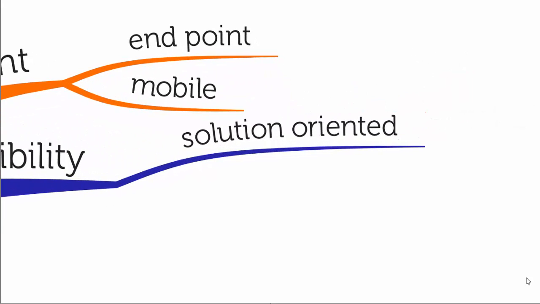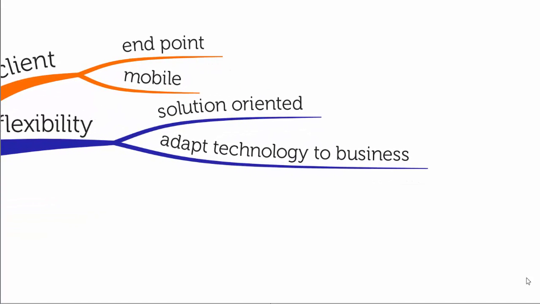Second point here is make sure that your OEM is flexible, that they have the ability to be flexible, and that they are solution oriented. And what I mean by solution oriented is that they have their technology that is adapting to the business need of you, right? Whether you're an agency or an organization looking at technology, you want to make sure that that technology can be flexible.